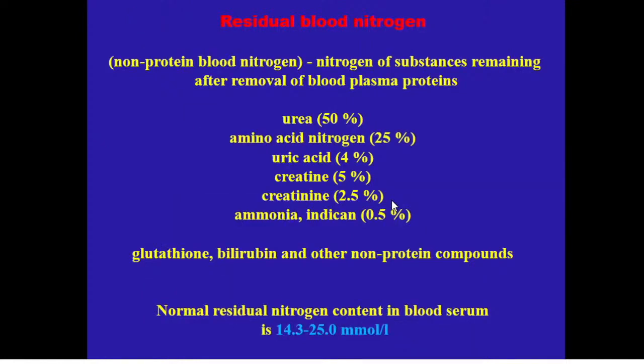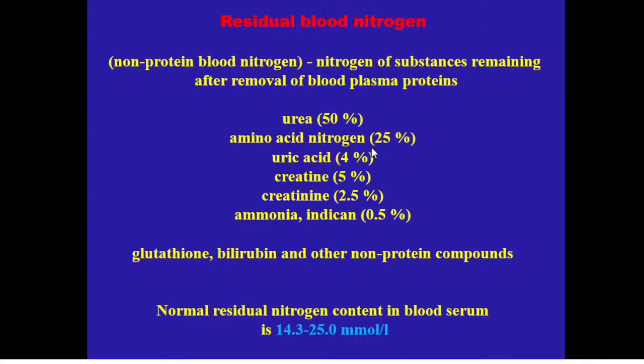Everything that is in the blood serum after precipitation of protein, that is, except protein, is named residual nitrogen. I told about residual nitrogen in my lecture about the urea cycle, but whoever did not write this down, please write now that all non-protein blood nitrogen remaining after removal of blood plasma protein is named residual. The most important component of residual nitrogen is urea.